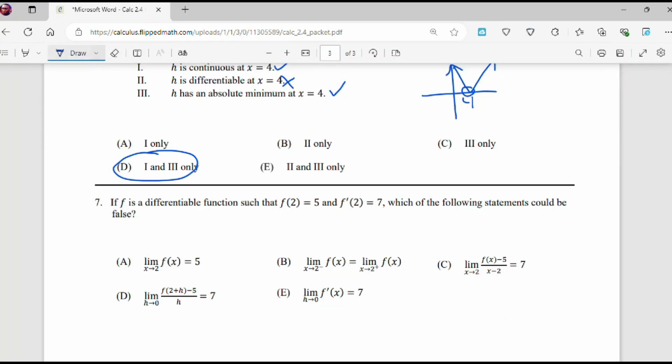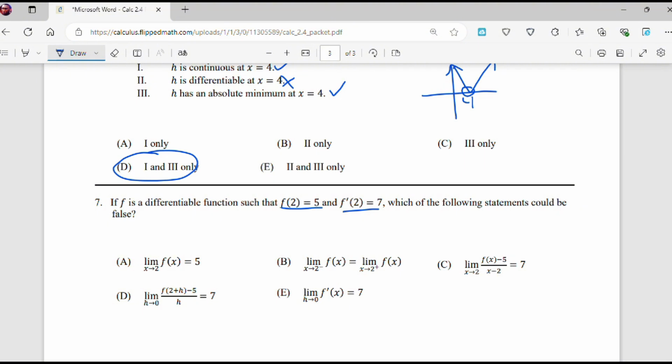All right, our last question is given as: if f is a differentiable function such that f of 2 equals 5 and f prime of 2 equals 7, which of the following statements could be false? So we're given f of 2 equals 5, f prime of 2 equals 7. So again, in these types of questions, we want to eliminate answer choices.